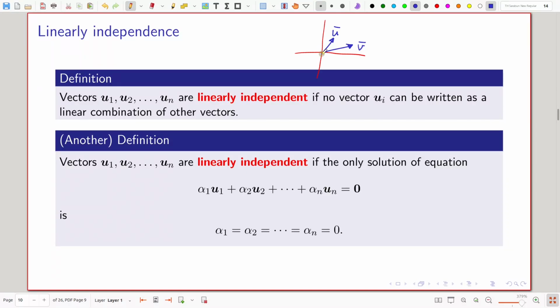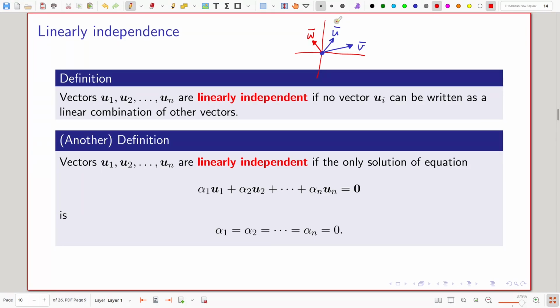The only way I can get to 0 is to take 0 units of u and 0 units of v, right? There's no other way. But if I add another vector w, say this one, can I find a linear combination of these three vectors that goes to 0?